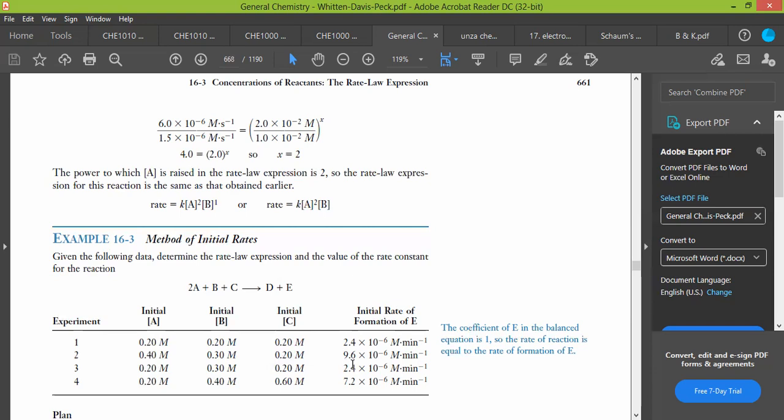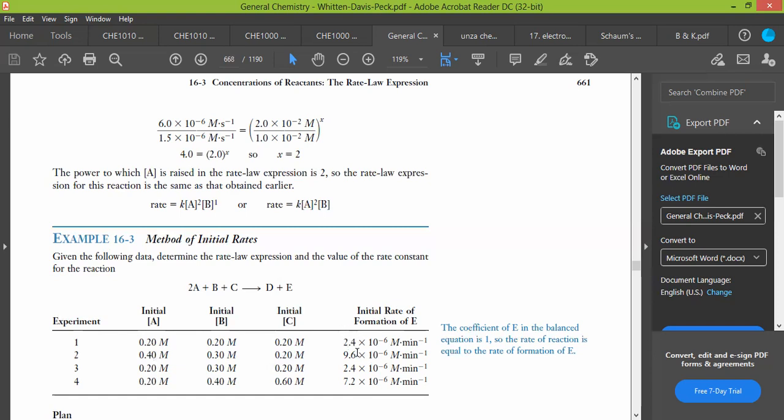So the second order tells me that when you double, the rate of a reaction is proportional to the square of the concentration. So let me look at the square of the factor difference here. Since this is increasing by a factor of 2, the square of 2 is 4. That simply means that the rate should increase by a factor of 4.